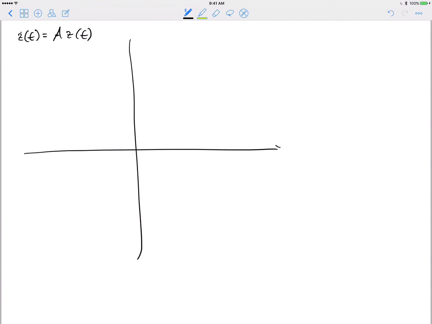So now the question is, what does it mean geometrically to solve this system of ODEs? Okay, and the phase space interpretation looks like this. X and V, and to make it simple we can assume that we know Z0.